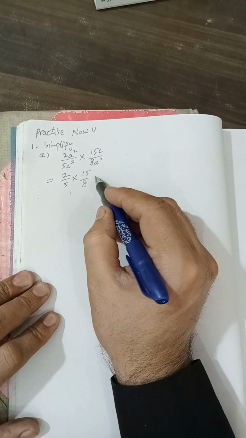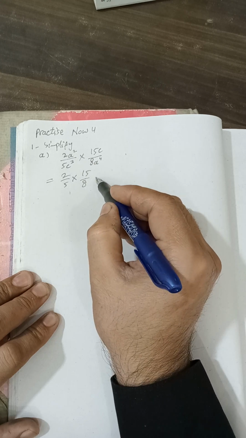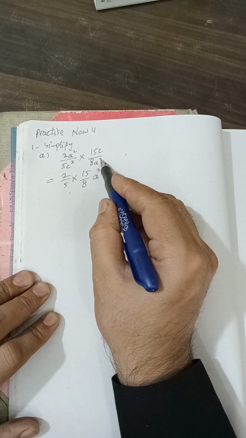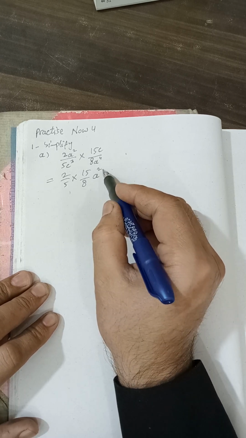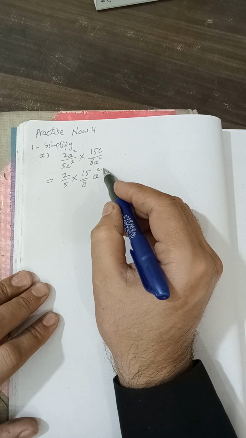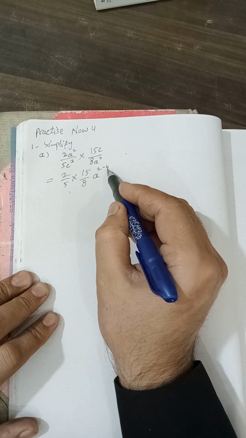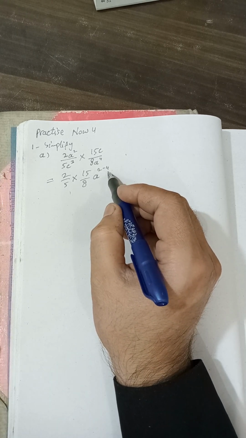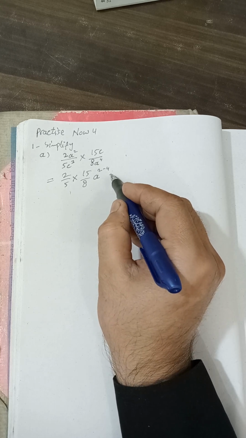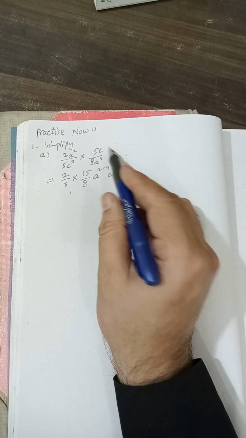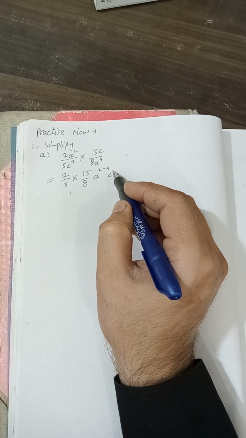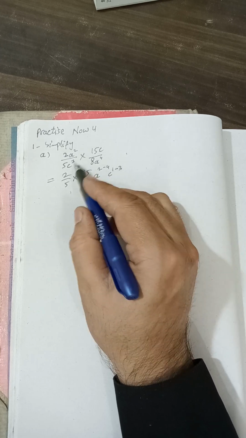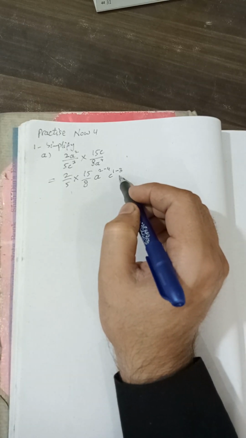I have written the numbers separately, and here one base is a square, and here is an exponent 4 or degree 4, so you will write here minus 4, that is the degree of a will change because I have carried it to the numerator. Now here c is 15, c's degree is 1, or power of c is 1, and this 3 will become minus 3 here when you carry it to the above.